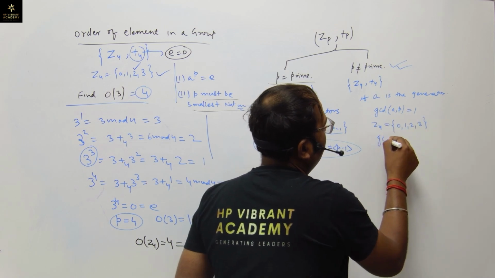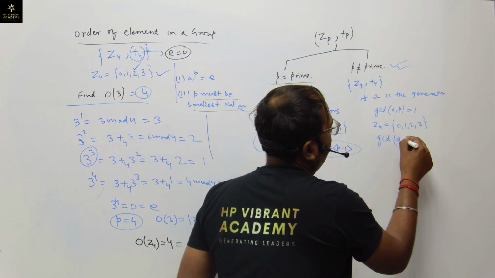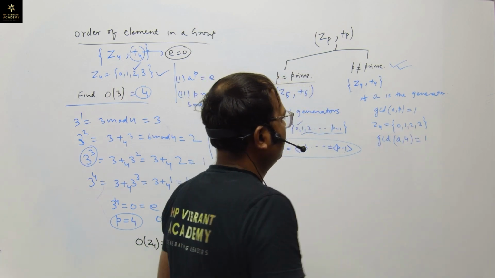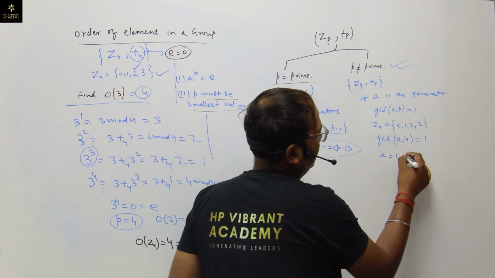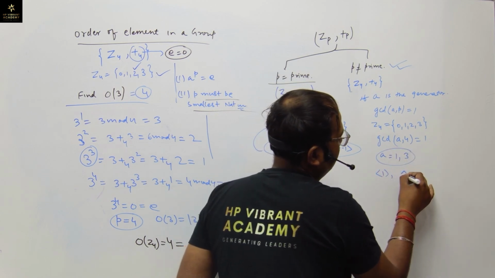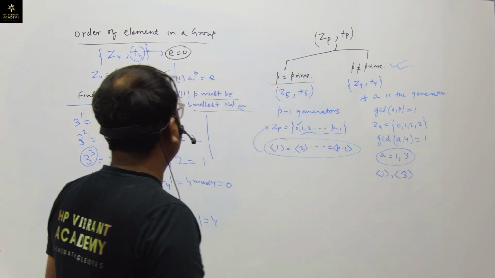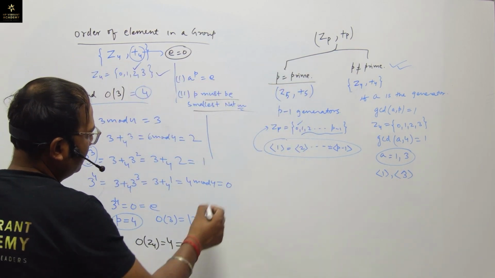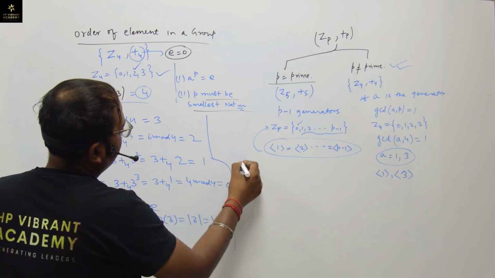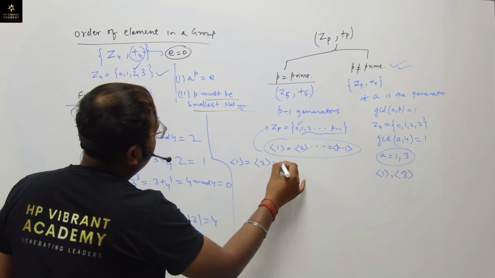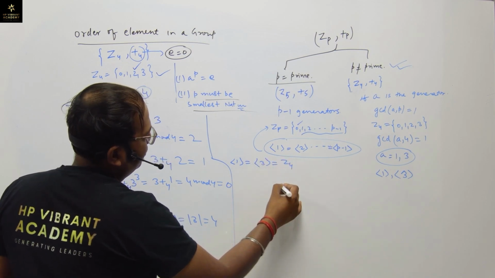So GCD of A comma 4 is equal to 1. Here A will be 1 and 3. So the generators of Z4 are 1 and 3. This is equal to Z4.